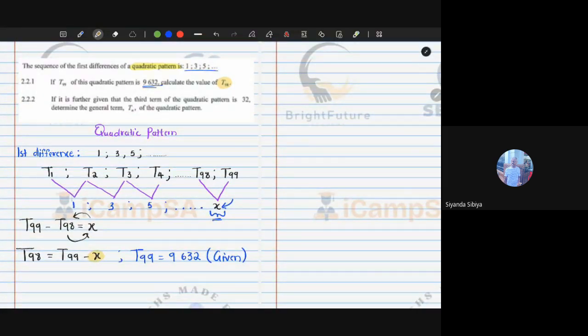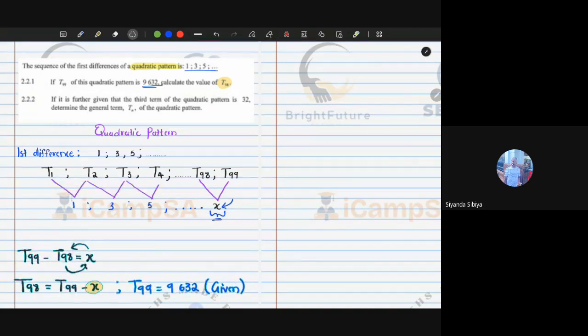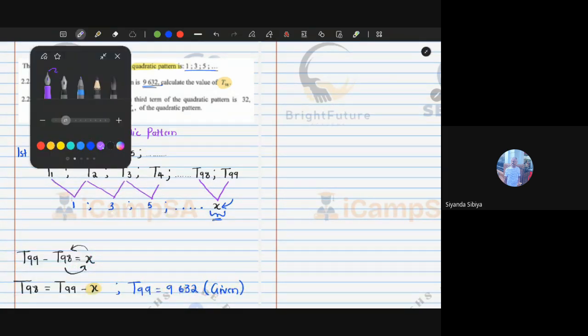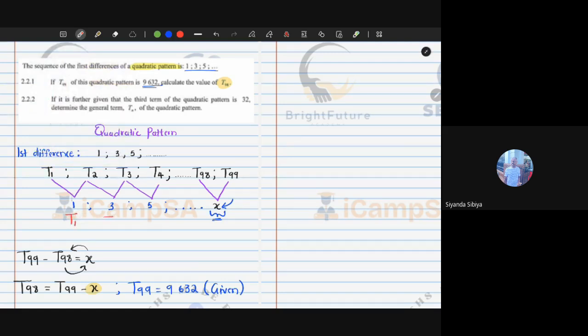So now let's think about this carefully when we look at this sequence of the first difference. How I want us to think of it is that this term here will be term 1, this will be term 2, this will be term 3, and so on. So the term that we will be having here, X, which is the difference between term 99 and 98, what term is that going to be if we are trying to make a new sequence?